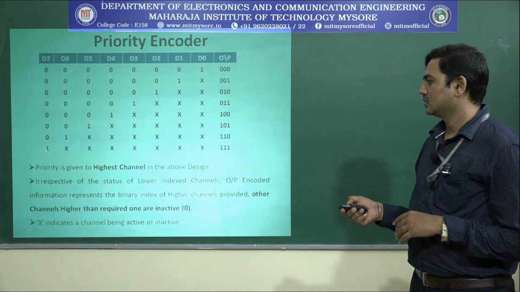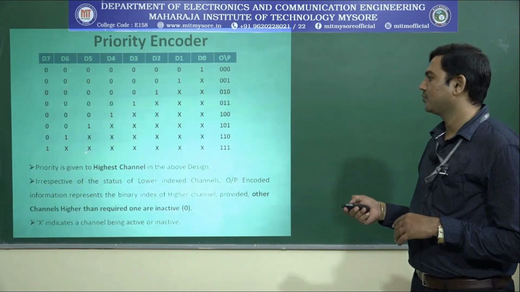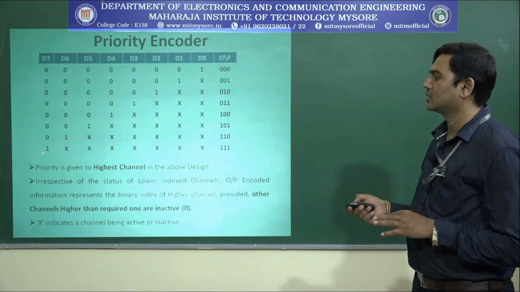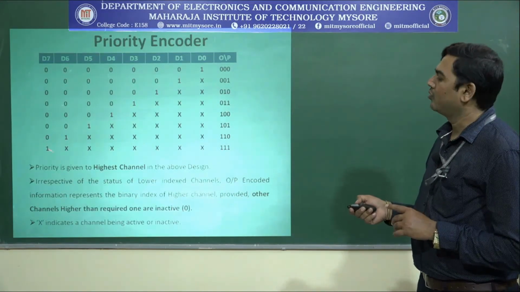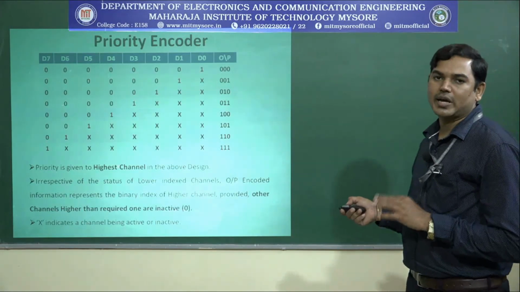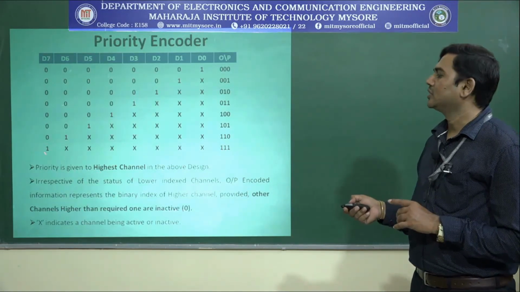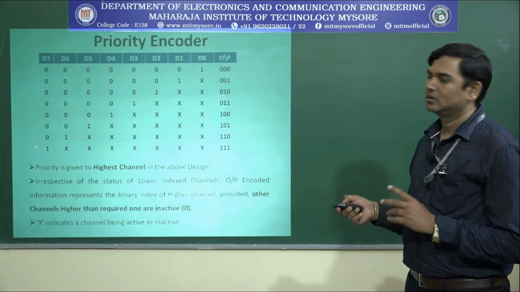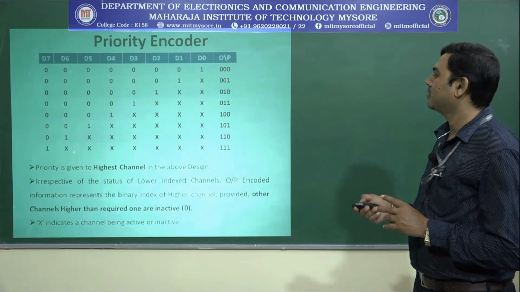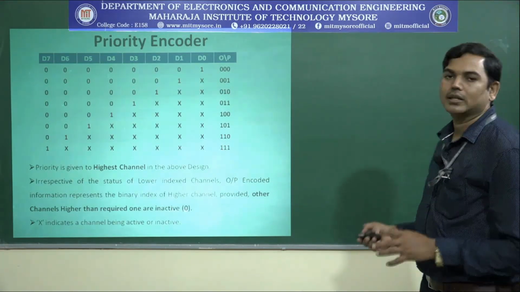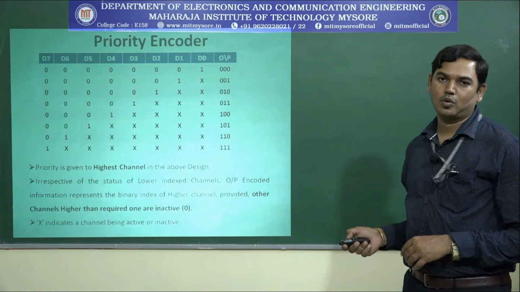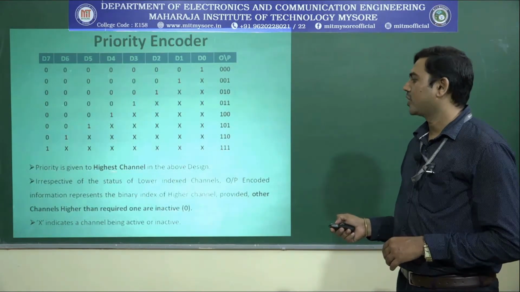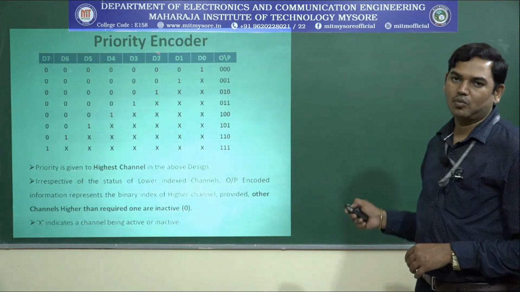If you press the 7th channel, the 6th channel, the 5th channel and the 2nd channel, we are pressing many channels at the input, yet out of all the channels pressed, the one with the highest index is 7, so obviously that particular channel's index has to be at the output of the encoder. So, this is how the priority encoder with the priority assigned to the highest channel works.